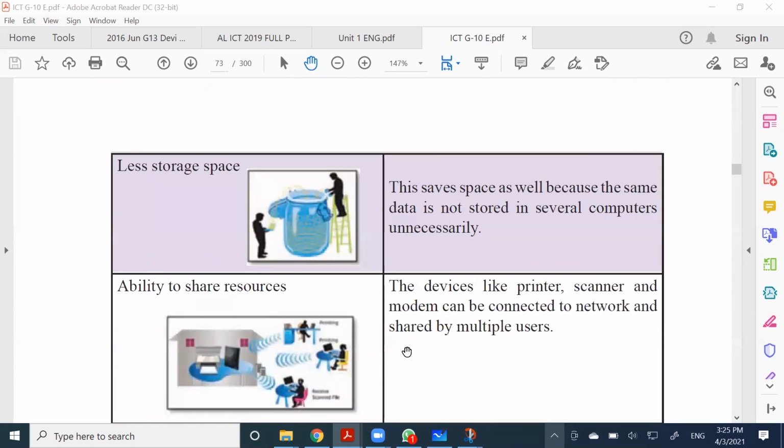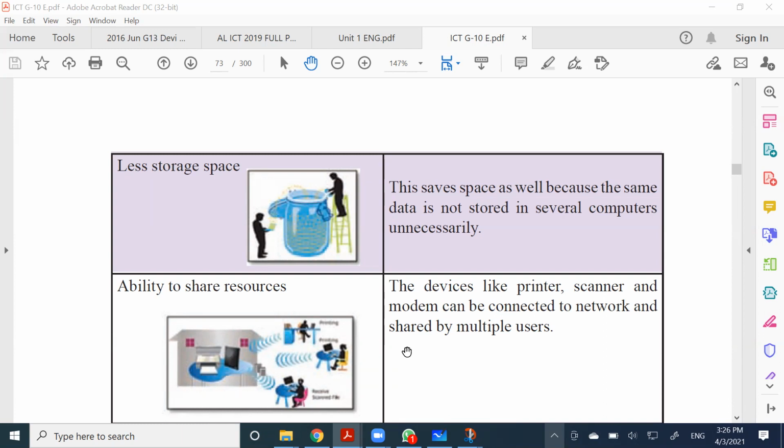And another one is less storage device. Since we can share the resources inside the network, we can store things in one specific place and all of us can use that particular thing. Think about the Google Cloud service. It is a network that we use. Or Google Drive, some of you have used. I can store the data inside my Google Drive, then I can share it with every one of you.